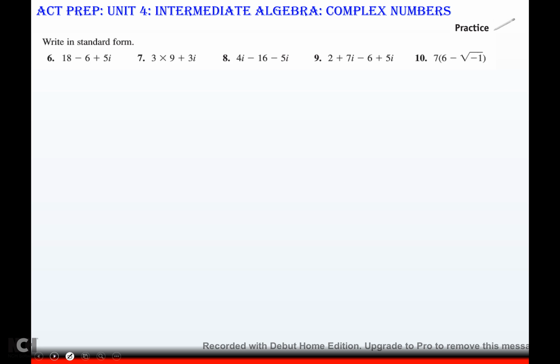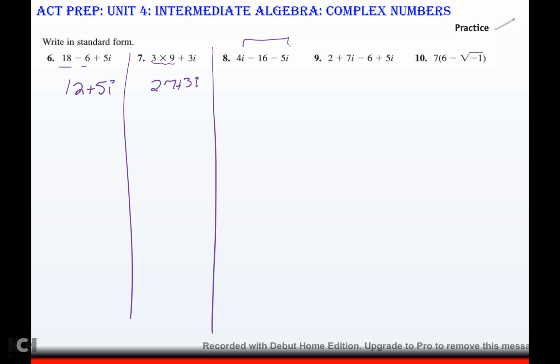Alright, they want me to write these in standard form. Combine like terms: 18 minus 6 is 12, plus 5i. Done. Multiply first, that's 27 plus 3i. That's standard form. Combine i's here: you have negative 16, 4i minus 5i is negative 1i.